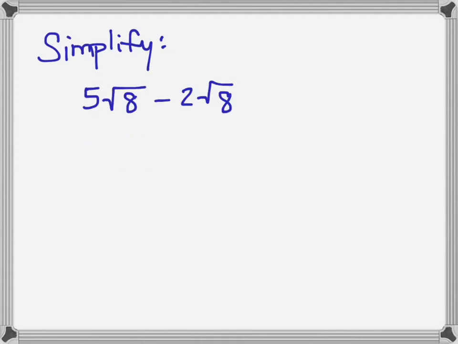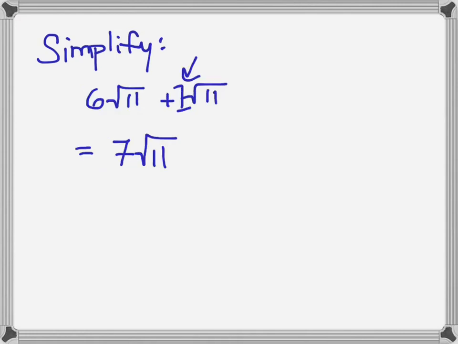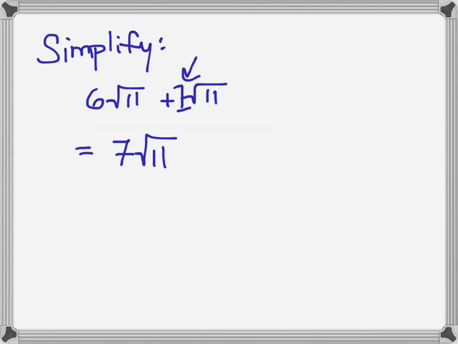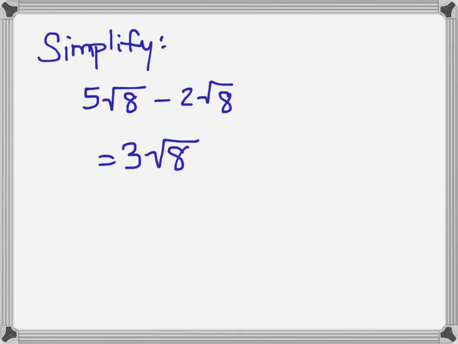Alright, 5 square root of 8 minus 2 square root of 8, that's 3 square root of 8. Now this one's slightly different. In the last two examples we had square roots that couldn't be simplified. We had a 13, we had an 11, but now we have an 8. And an 8 does have a perfect square in it.